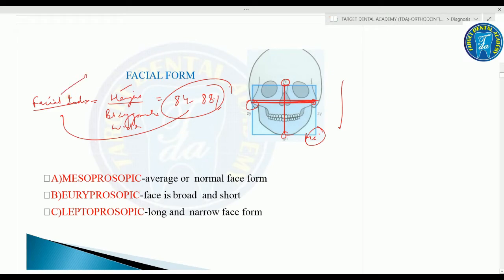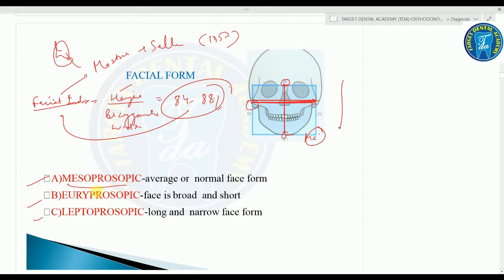The facial index and the cephalic index, both indexes were given by Martin and Saller in 1957. Again important. Like the cephalic index, the facial index also has three kinds of faces.